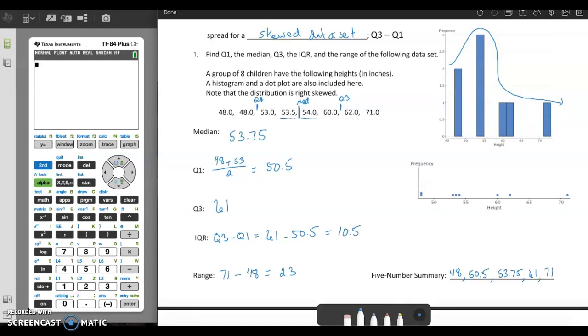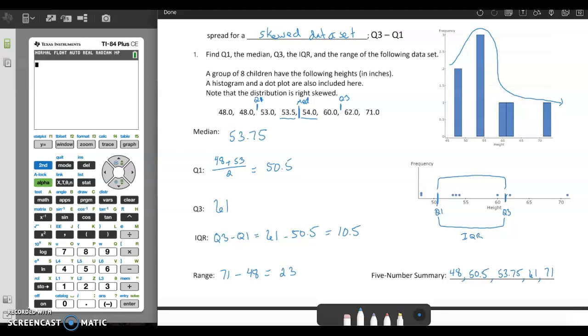Okay, so let's take just a little bit of a look at what this actually does on this dot plot. So I'm going to mark off where is Q1 and Q3. Q1 is at 50.5, so that would be approximately here. And Q3 is at 61, so maybe here. So the IQR is right here. Notice what happens here.